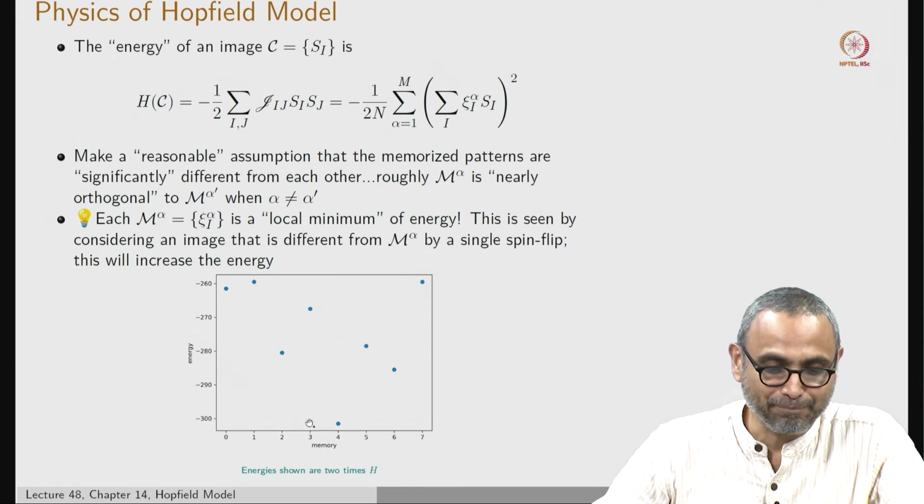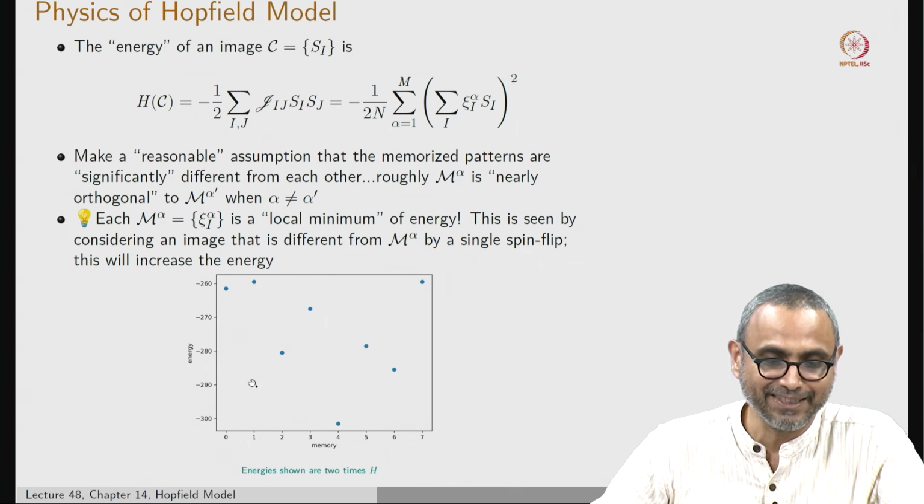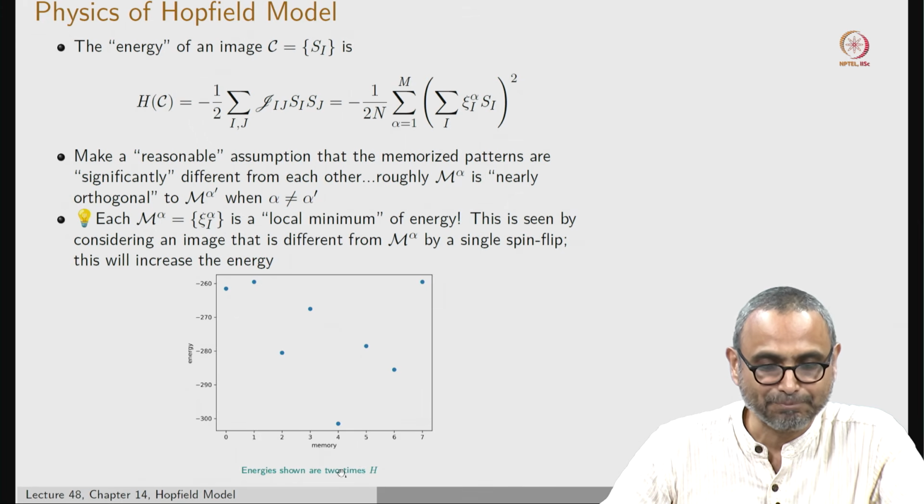For example, I have this memory of 8 patterns which I am numbering from 0 to 7, and they all have energies which are some negative of that. By the way, the energy here, for computational reasons, is taken to be 2 times this, so that we do not need to worry about this half.